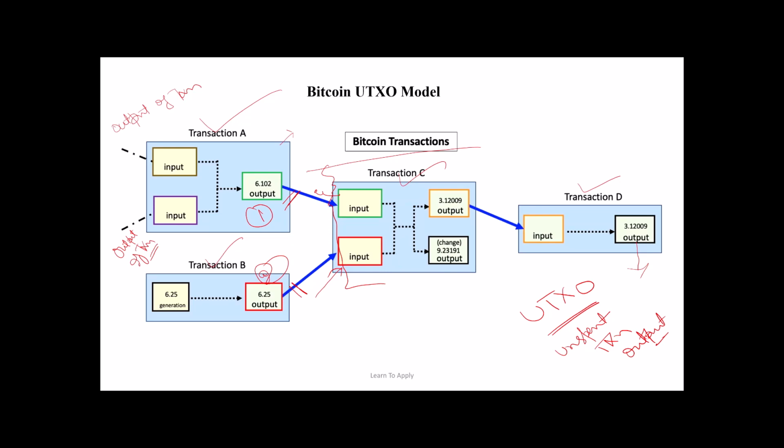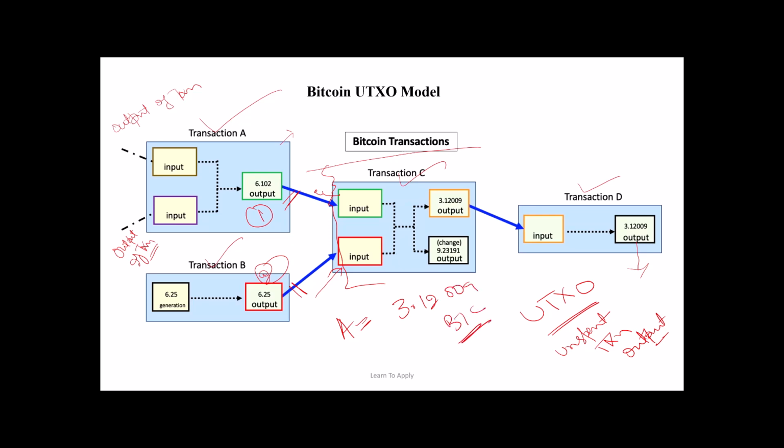The model of Bitcoin working is based on this UTXO, that is, you utilize those UTXOs in order to create further transactions. When I say some account A has 3.12009 BTC, that is Bitcoins, what does that mean?